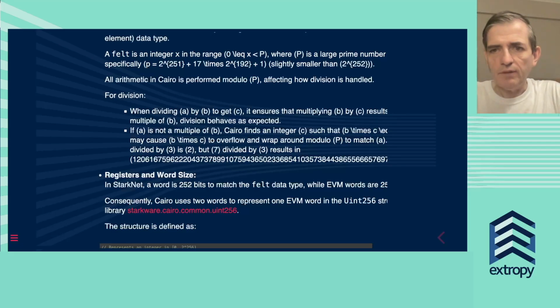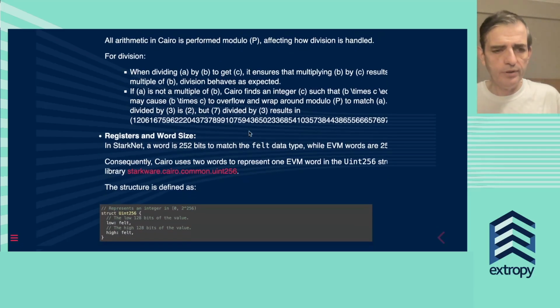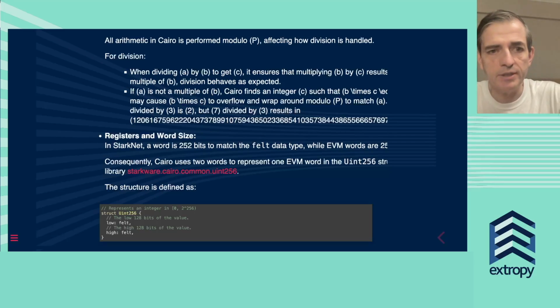Now, another point that you need to be aware of is to do with the size of the felt compared to the size of the data type in Solidity. In Solidity, we have a 256-bit data type, but in Cairo, the felt, the native data type, is 252 bits. So this is problematic when we try to mix those two data types.